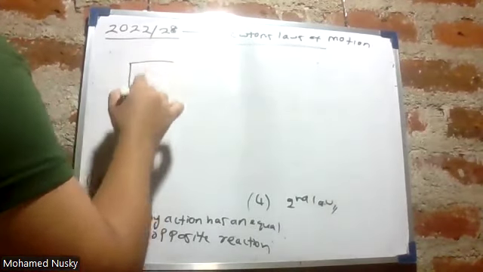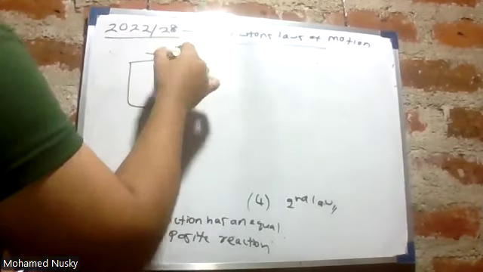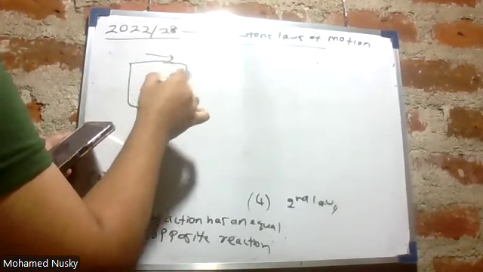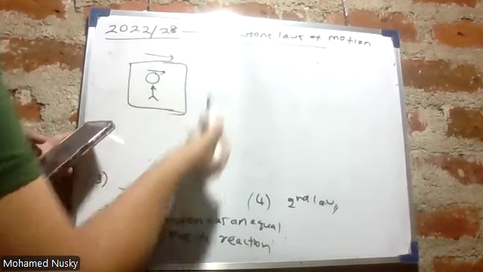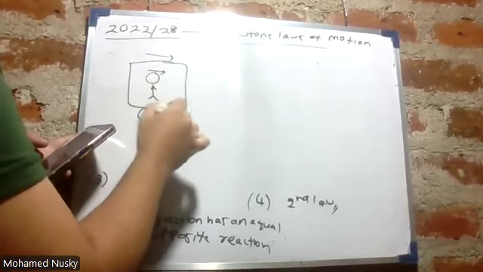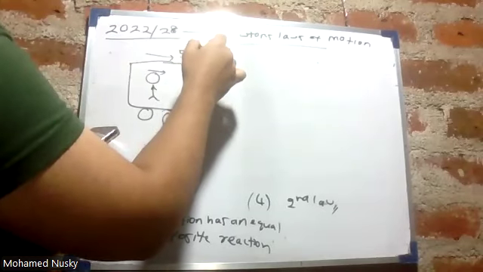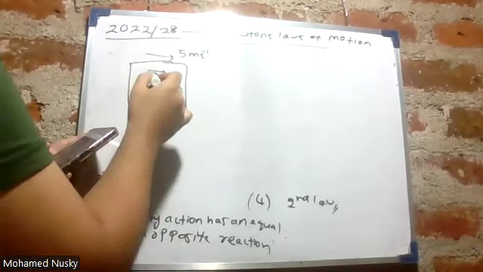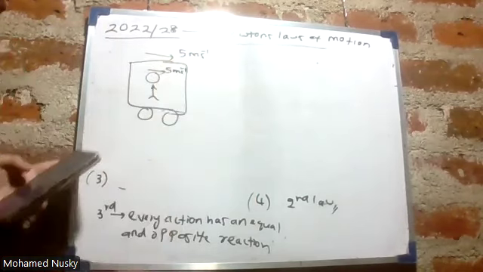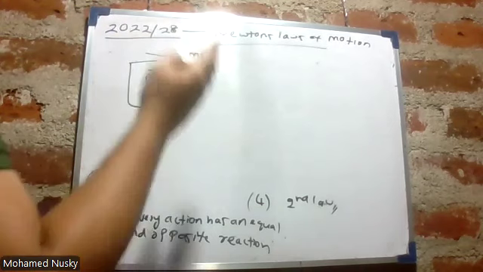Now, when a vehicle is moving with a velocity, the person inside will also have the same velocity. Let us take this vehicle moving with a velocity of 5 meters per second. This person will also move with that velocity of 5 meters per second.